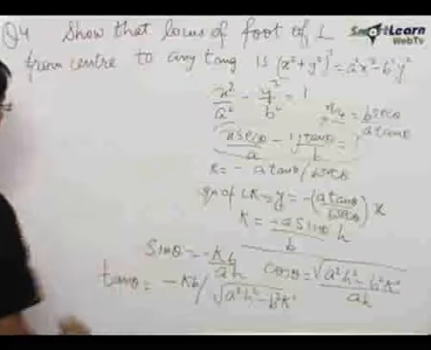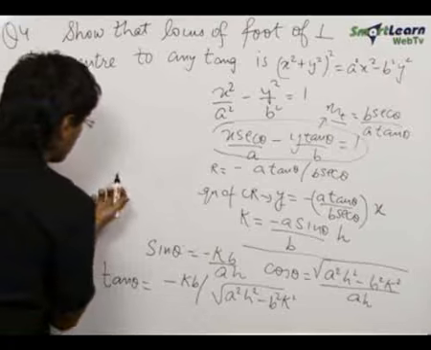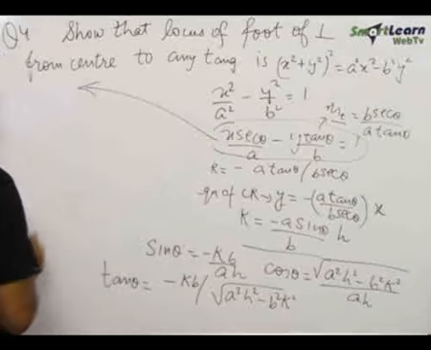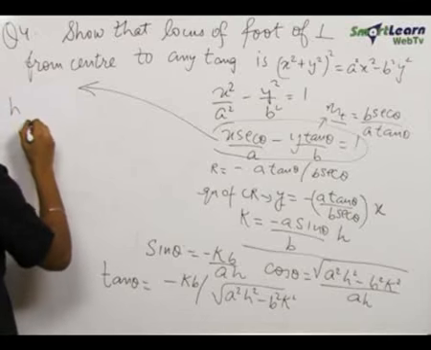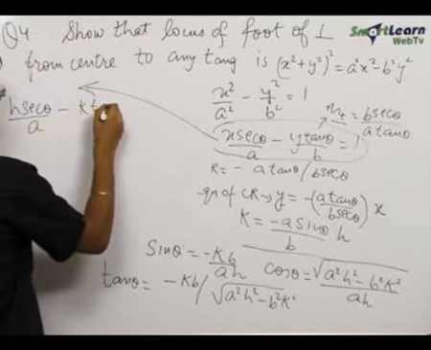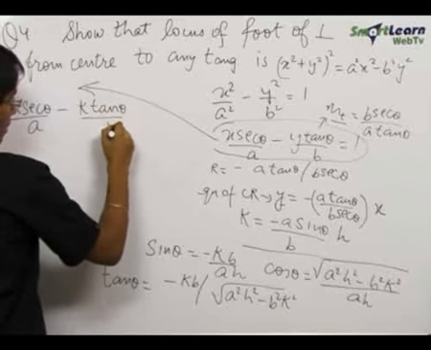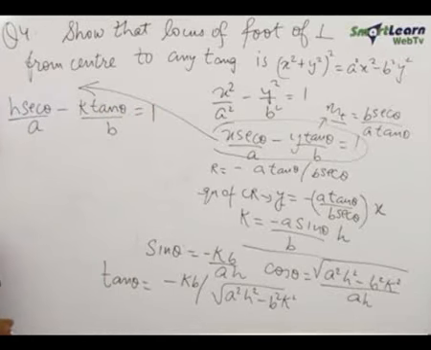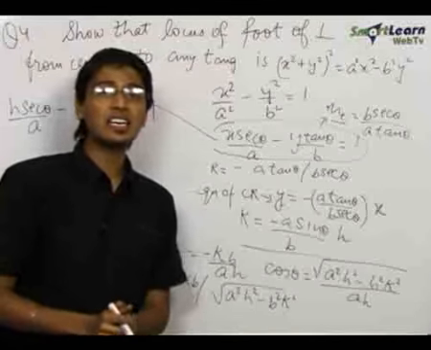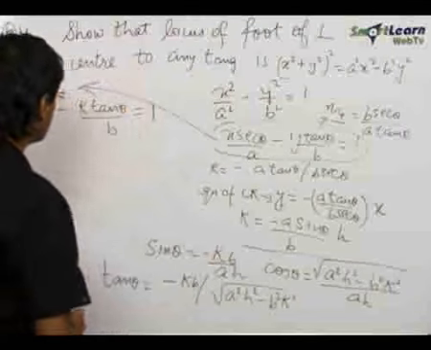Now since h comma k, that is the point of intersection of CR and the tangent, is also satisfying the tangent, we have h sec θ/a − k tan θ/b = 1. Since the point R, which is the foot of perpendicular from the center, is also satisfying the tangent.